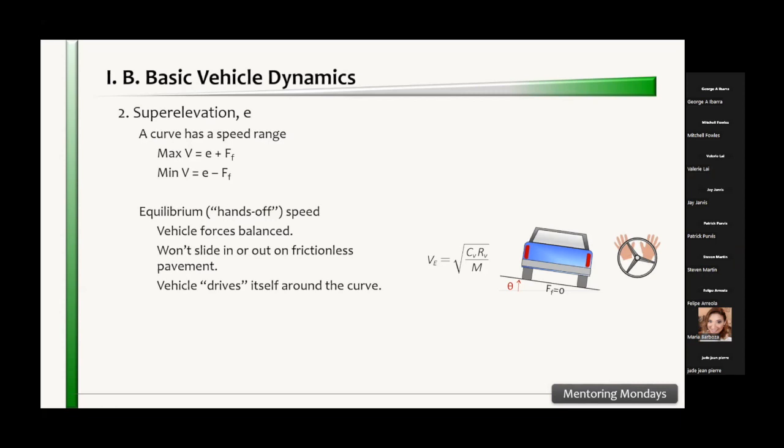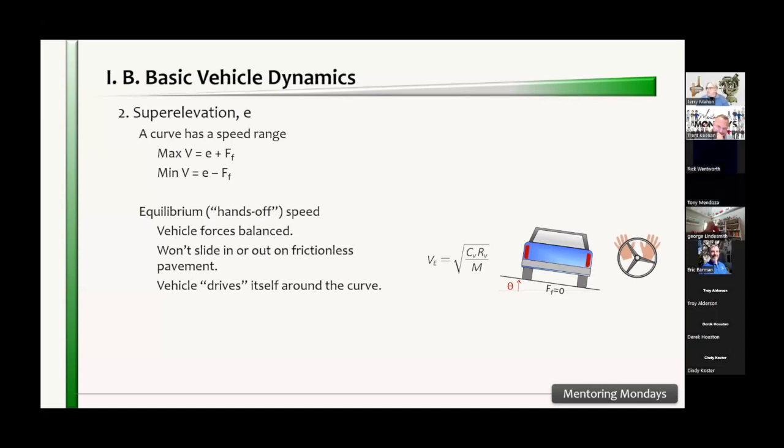I used to talk about that in my classes, but I had too many students who would go out there and experiment with their cars and try to find what the equilibrium speeds were for different curves. The car kind of drives itself around the curve because all the forces are balanced on it. You can think of it like when you were a kid riding a bicycle and you took your hands off the handlebars and tipped yourself to go around curves.